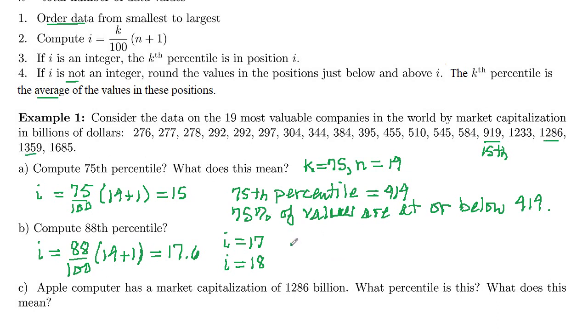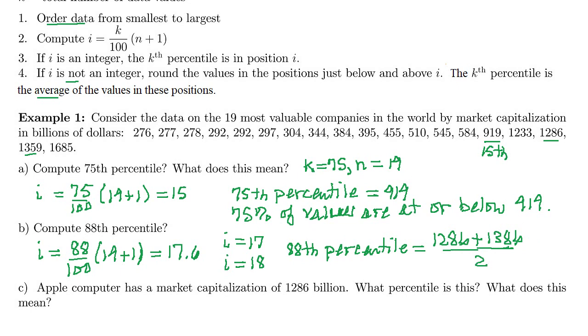So our 88th percentile is going to be the average of 1286 and 1359. So we'll add those guys together and divide by 2.